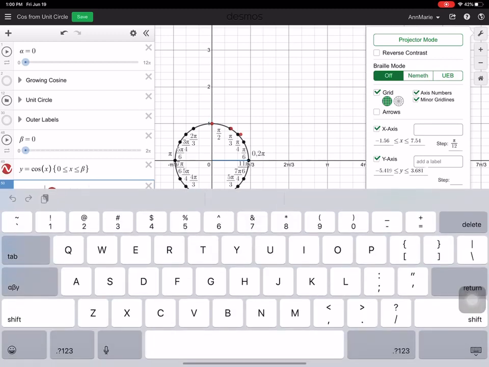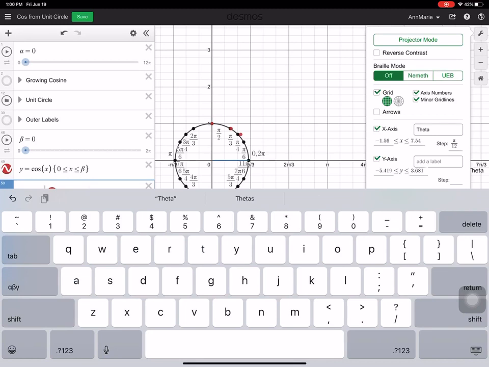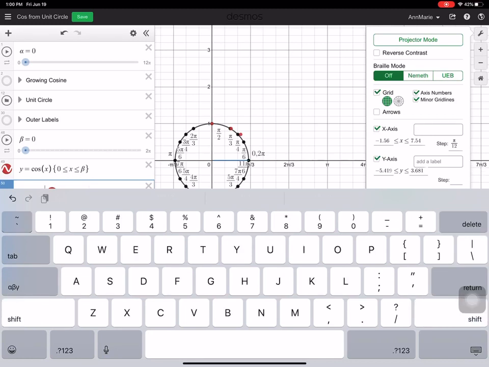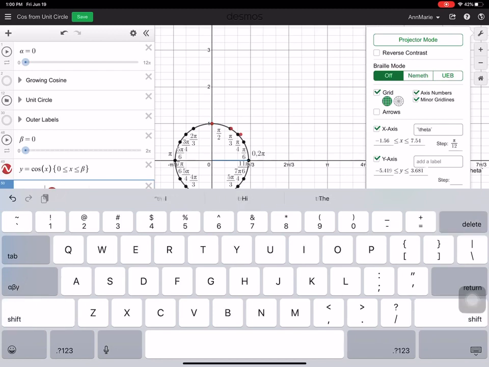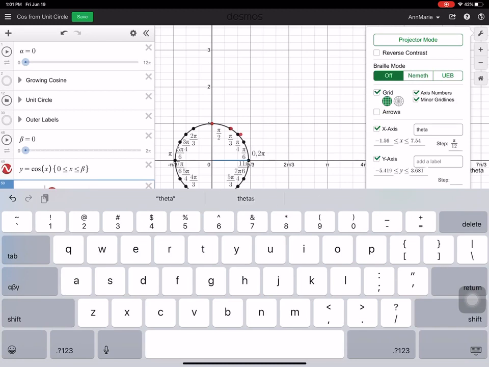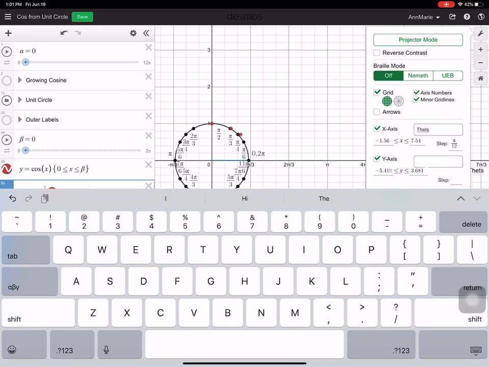I can label my x-axis theta, my angle, and this is going to be my cosine.